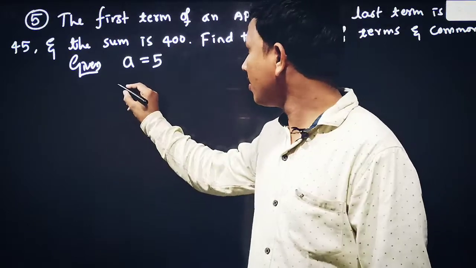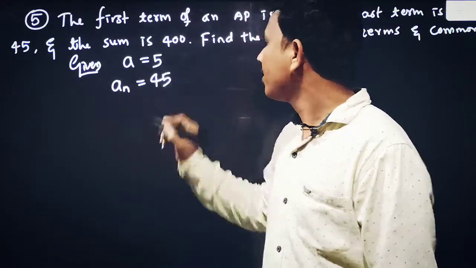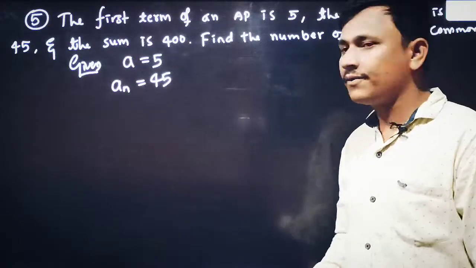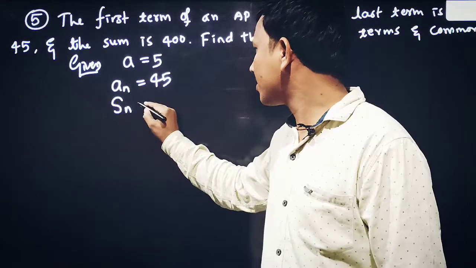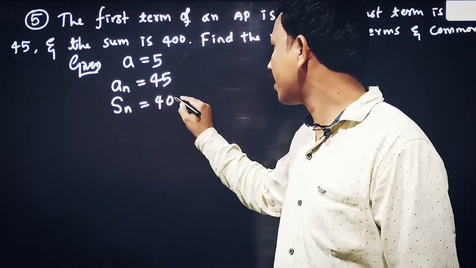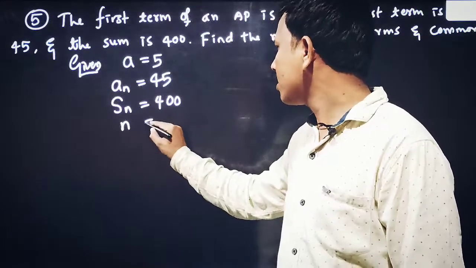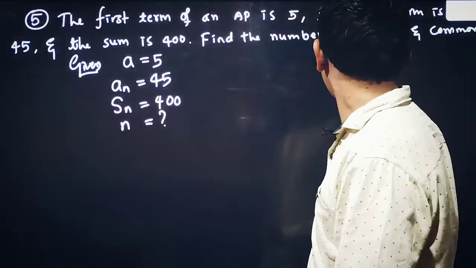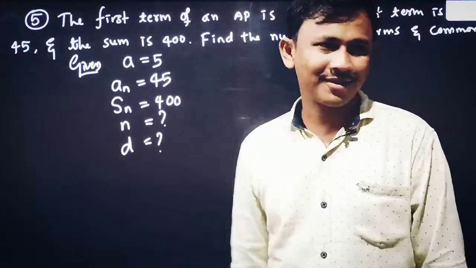An is equal to 45. The sum is 400. Sn is equal to 400. Find the number of terms, n is equal to question mark, and also common difference, D is equal to question mark.